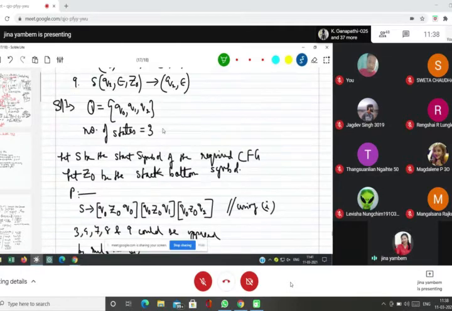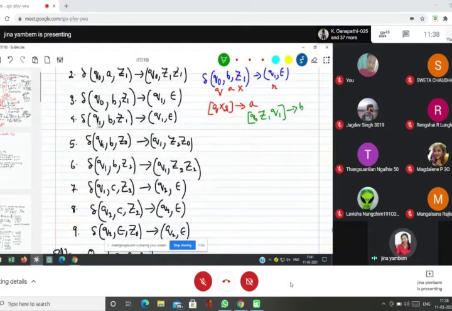Now again, what about this? This is Q1, B, Z1.